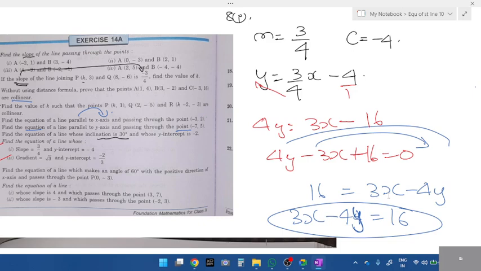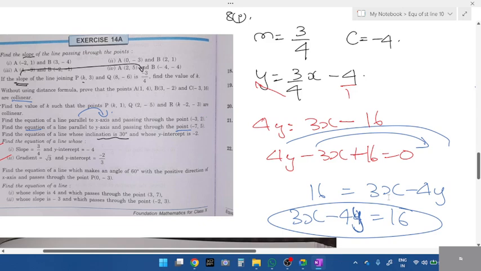Try the next one. Whoever has completed this, try the next one. Gradient is given, students.